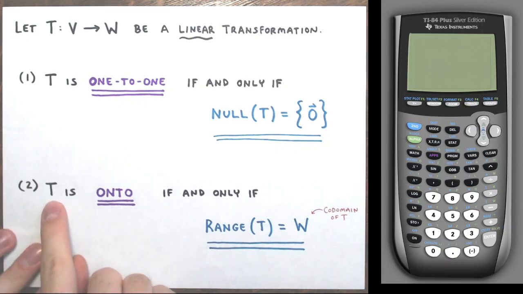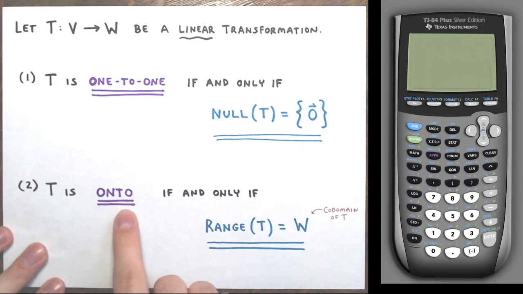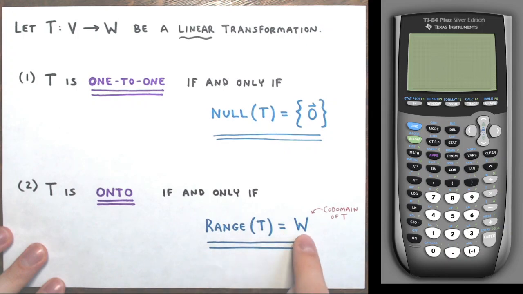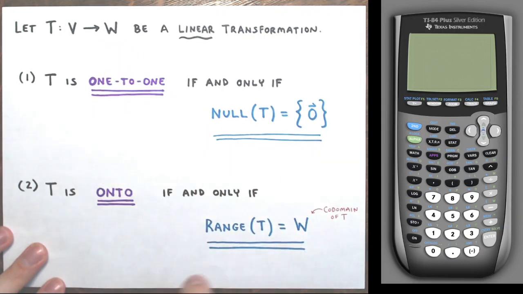Then number two, a second major result that you should know. T, a linear transformation, will be onto if and only if, again this means it goes in both directions, the range of T is the codomain of the transformation, equals W, here W is my codomain. So remember what it means to be onto.